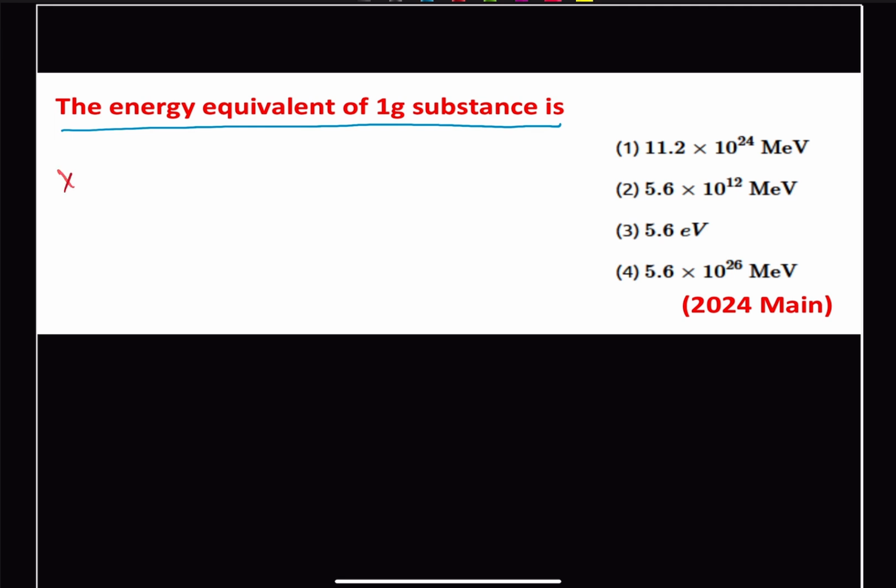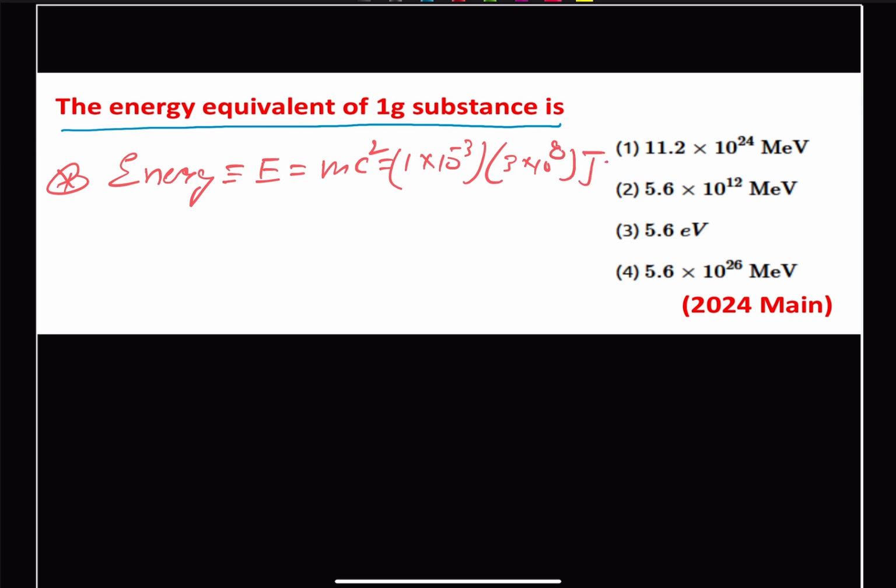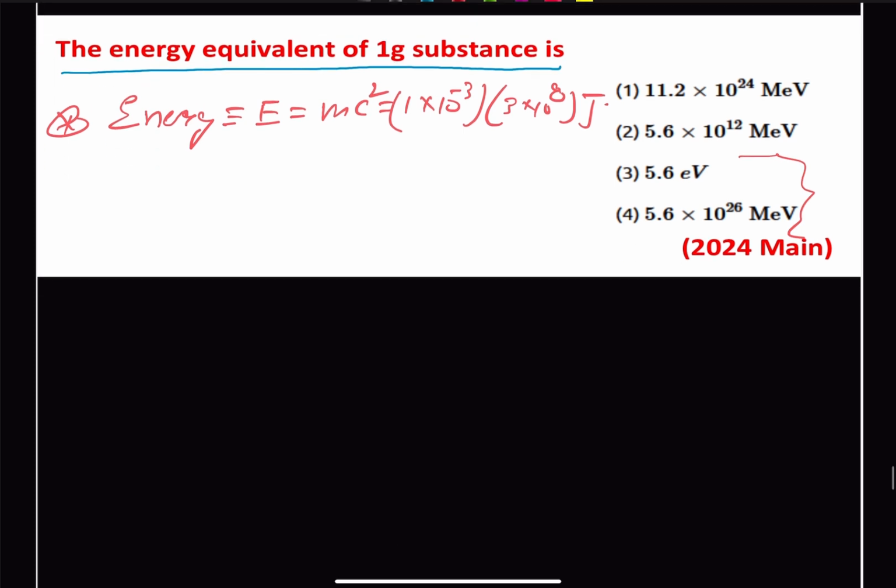So we can say our energy E is equal to m multiplied by c squared, and this mass is given in gram, it should be in kg, so we write 10 to the power minus 3, and the speed is 3 into 10 to the power 8, and this is in joules, but it is asked in electron volt.